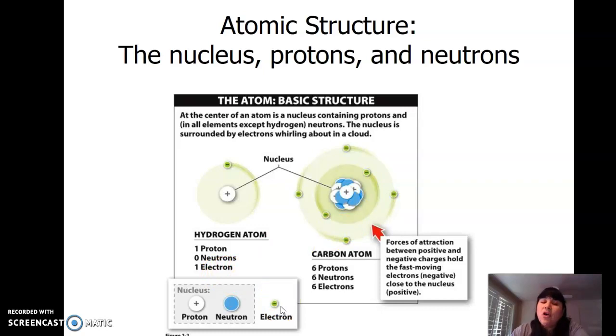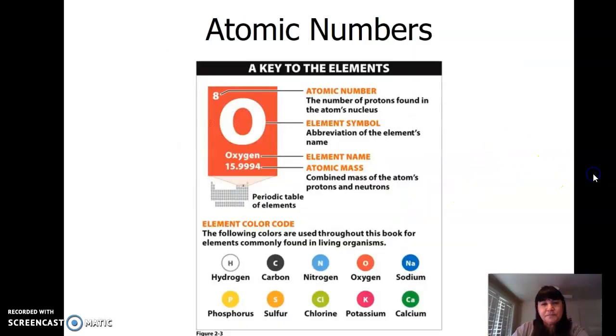So if it's a carbon atom, it has a certain nucleus, certain amount of electrons. If it's a gold atom, it has a nucleus with the protons, neutrons, and then its own electrons. So every element has its own atoms, and what differs one atom from another is the number of protons, the number of electrons, the number of neutrons.